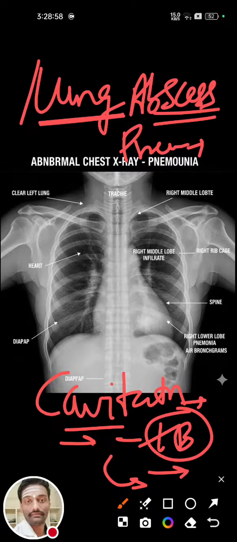So the complications we see in pneumonia are pleural effusion, empyema, lung abscess, cavitation, necrotizing pneumonia, pneumothorax and pneumomediastinum.